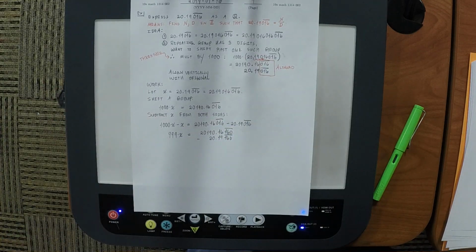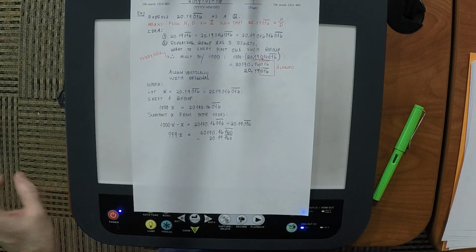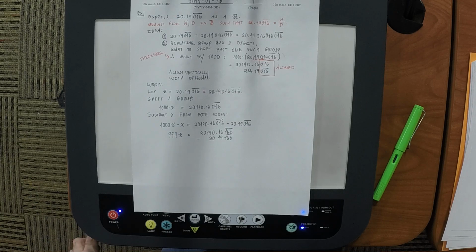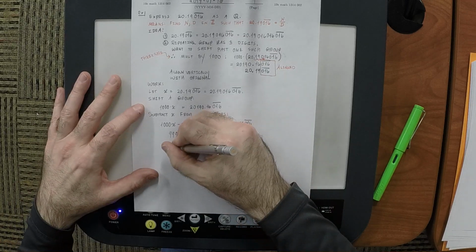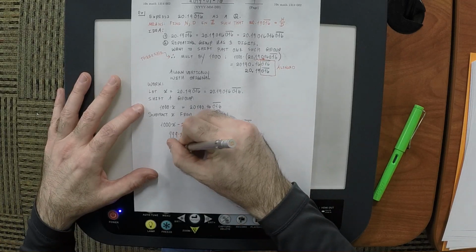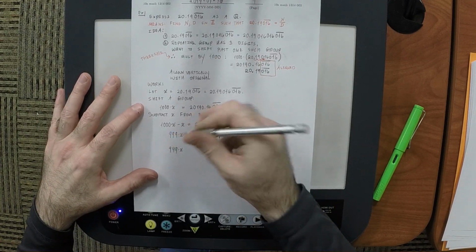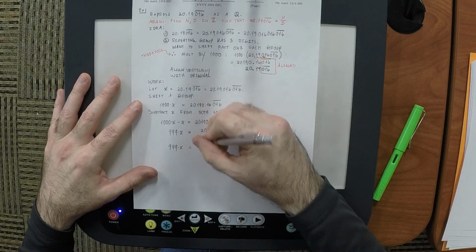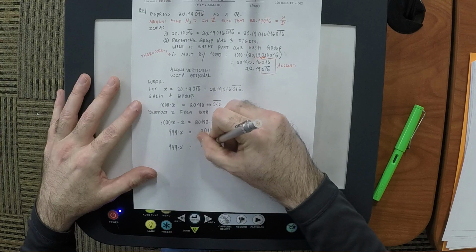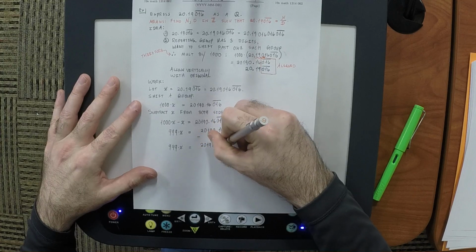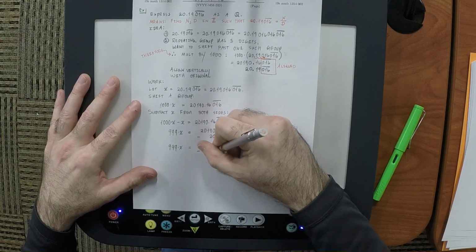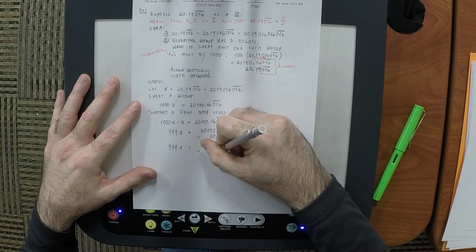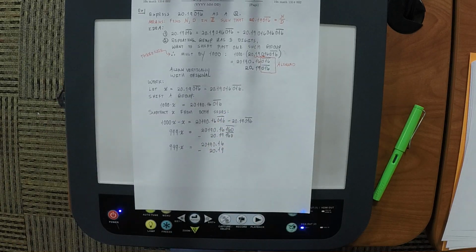So do you observe that we achieved the alignment of the repeating group? So now that means that the whole repeating group cancels. So you can write it as 999x is 20190.16, and then subtract 20.19, because all the repeating stuff is gone.